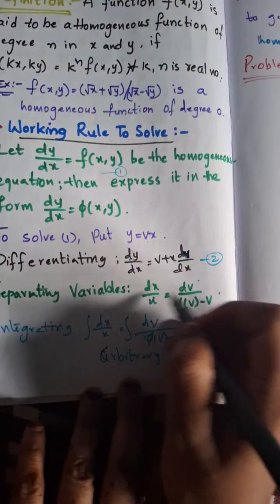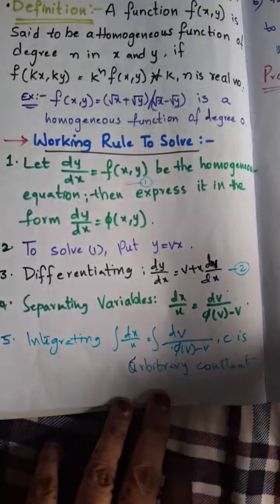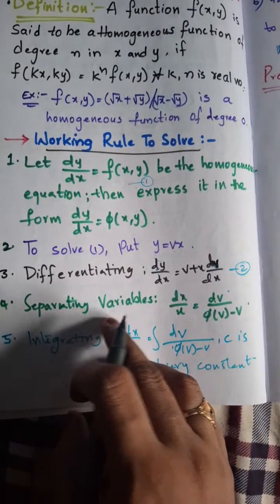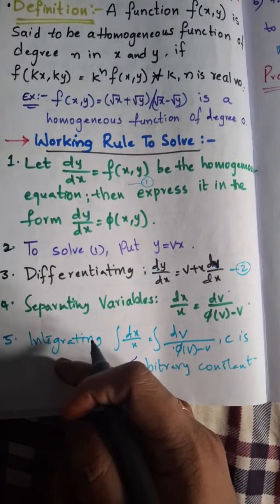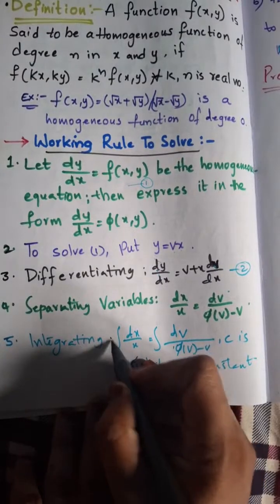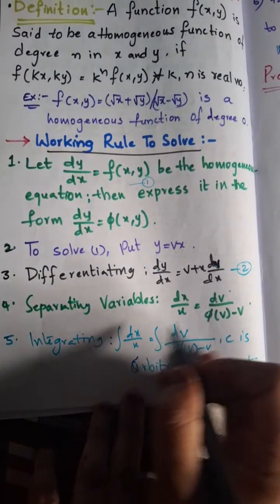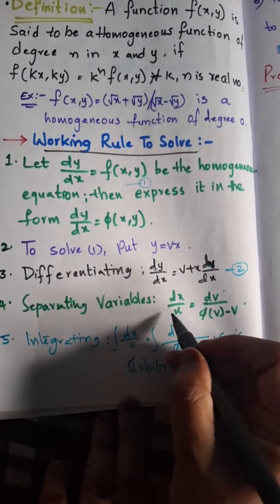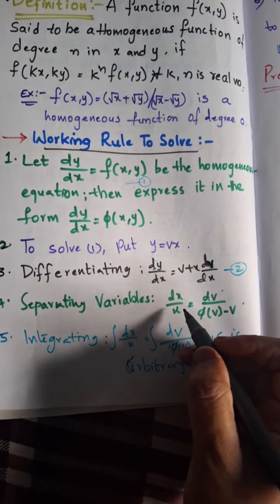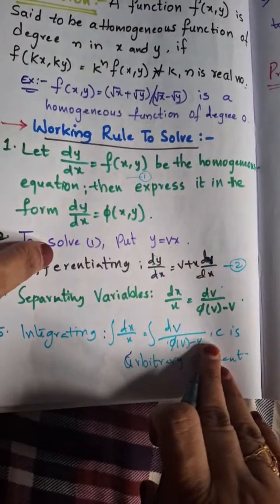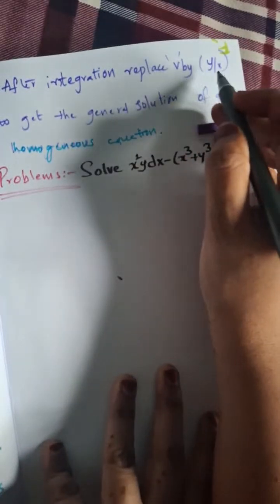Separating the variables, that is dx by x terms and dv terms, is the fourth step. The next and final step is integrating the different terms, the x terms and the v terms, with c as an arbitrary constant. After integration, replace v by y by x.